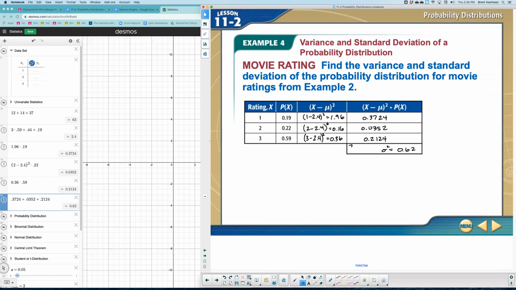The sum of x minus mean squared times the probability of x equals the variance, which is 0.62. So if that's the variance, that would mean sigma, the standard deviation, would be the square root of that.